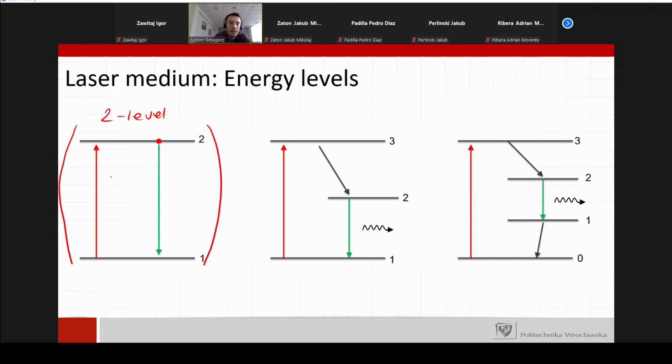However, it's impossible to obtain laser emission from this kind of system. So this kind of system cannot be used in lasers.